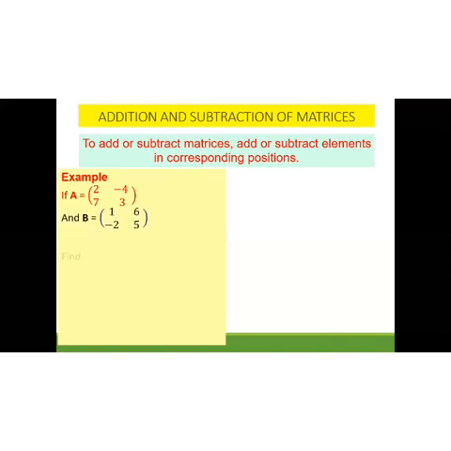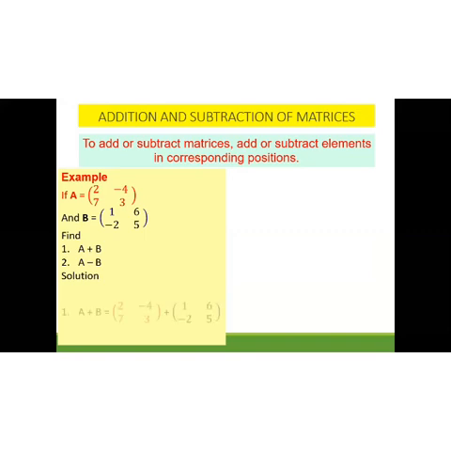Now if you're asked to find A plus B and A minus B, how do you go about it? Let's start with A plus B. For us to add, remember that the order of the two matrices should be the same, and that is clear here. They are both 2 by 2 matrices.